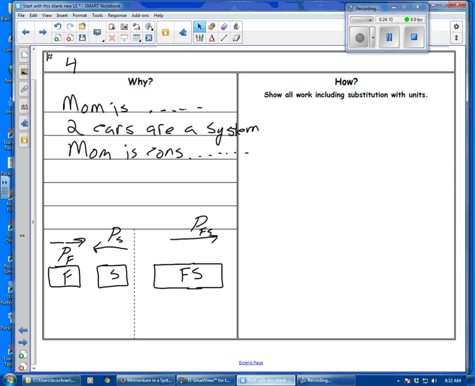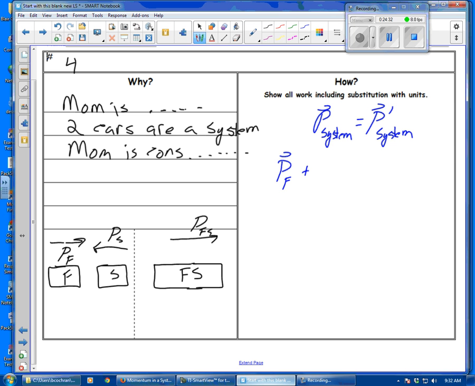And I know I've truncated a little there on my explanation, on my why, but so momentum of the system equals momentum after of the system, or prime. Beforehand, I have the momentum of the first car and the momentum of the second car, and afterwards I have the momentum of this new object, first and second.